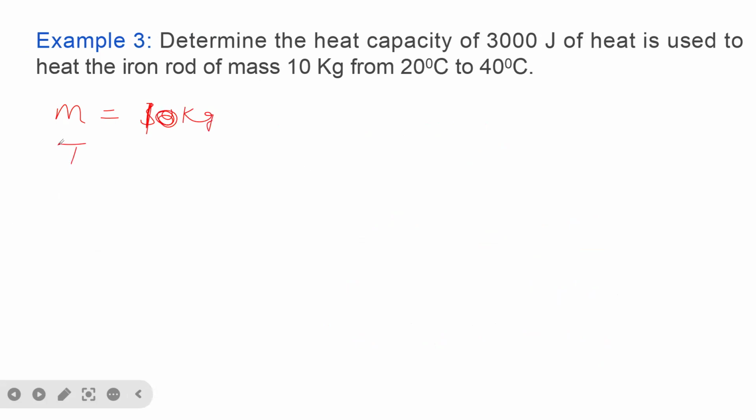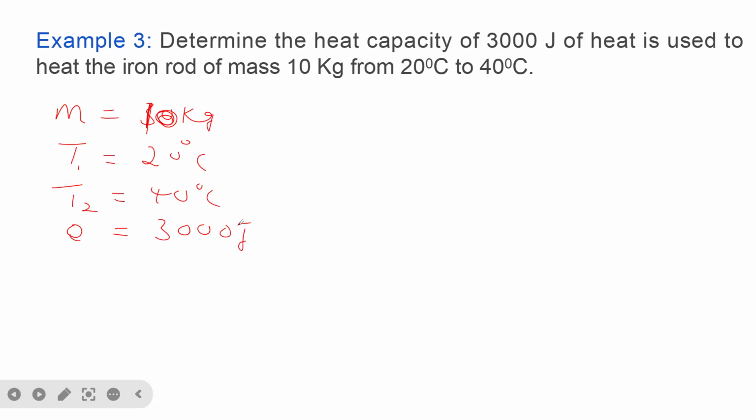We have T1, the initial temperature, of 20 degrees centigrade. And then we have the final temperature, which is 40 degrees centigrade. And then we have the heat, Q, which is 3,000 joule.